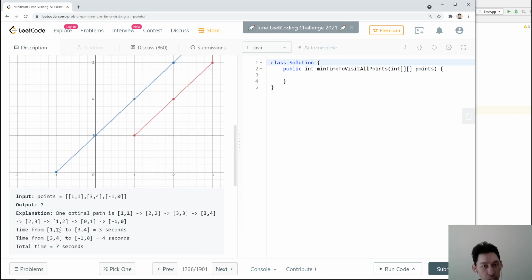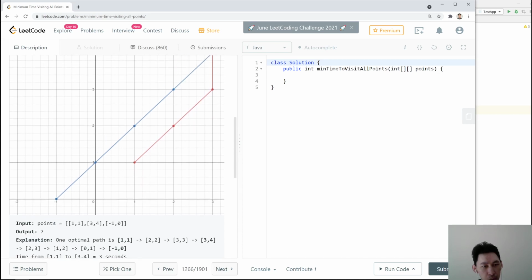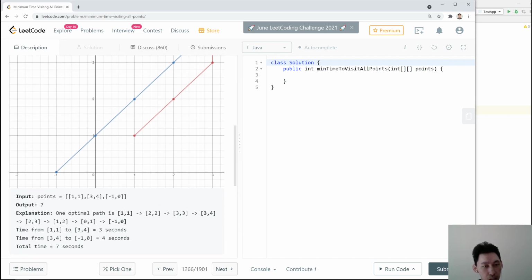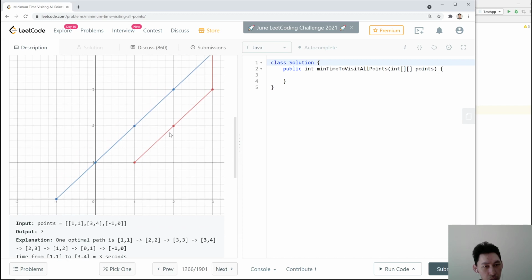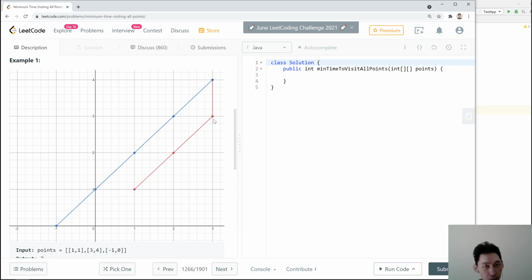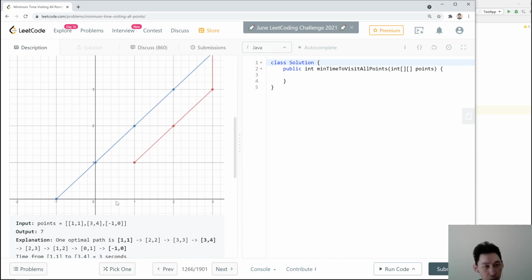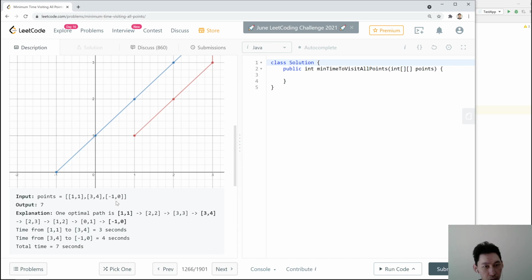And what we need to get is the optimal path through these points. Is that right? 1, 1, 2, 2. So these are integers, right? Okay. 3, 3. Then here, and then all the way down. Yes, okay. That would make sense.